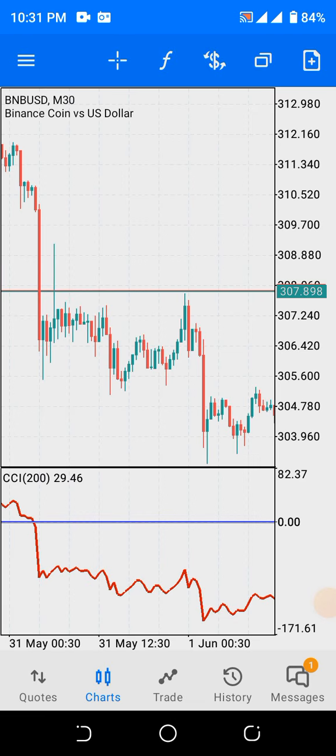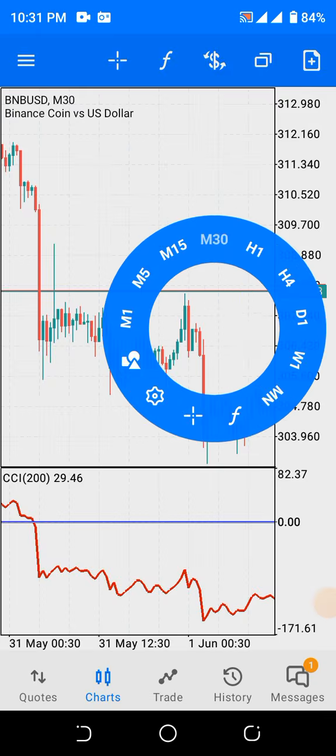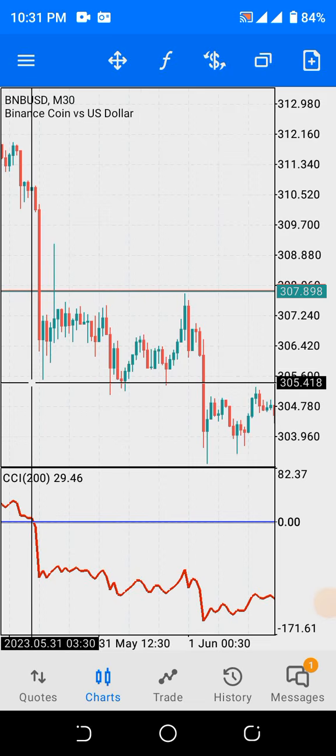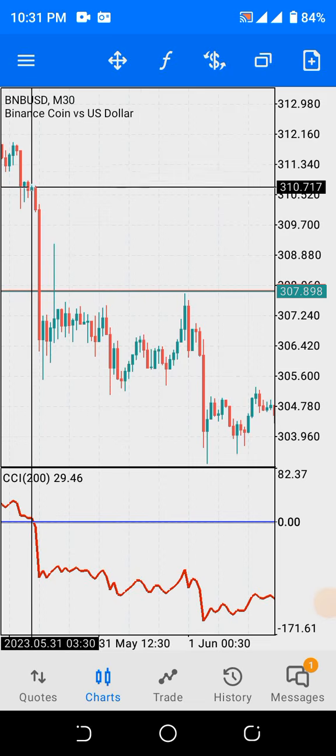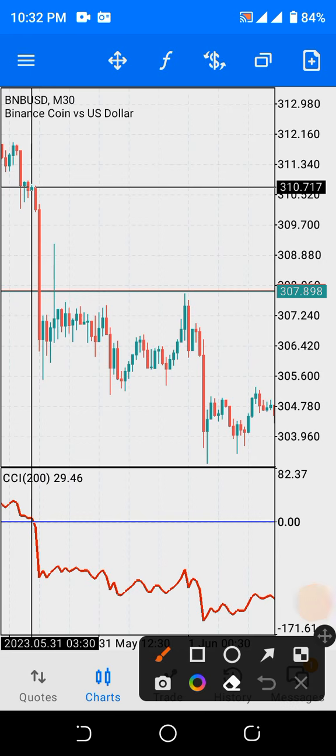So you can make use of this strategy on futures trading, spot trading, and also on a broker like this one. Make use of this and your trading history will change forever.